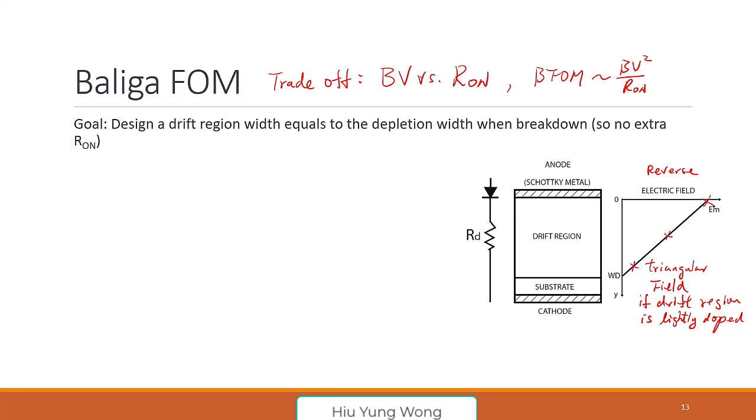Do you break down at a high electric field or low electric field? High. So which point will break down first? A, B, C? C. C will break down first. C is here, right? C breaks down.